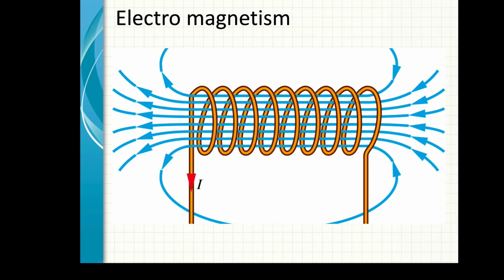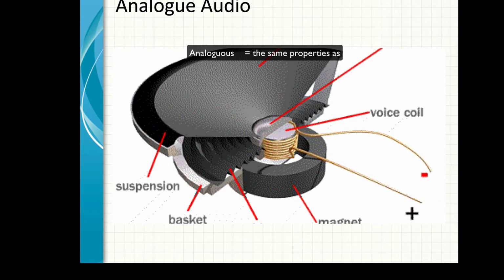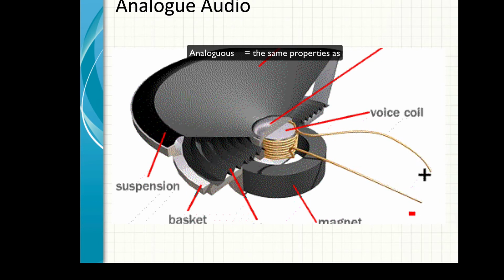So the property of coils of wire to act like a magnet when a current is passed through them is what's used in speaker design. As I said earlier, the movement of the speaker cone is analogous to the sound wave that's going to be created by it. It has the same amplitude and the same frequency.